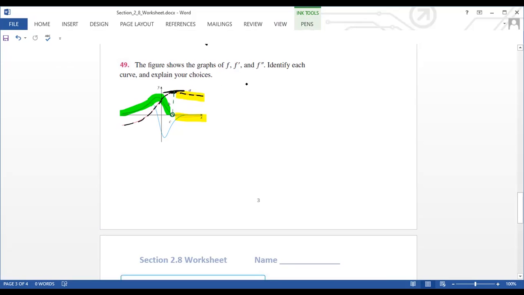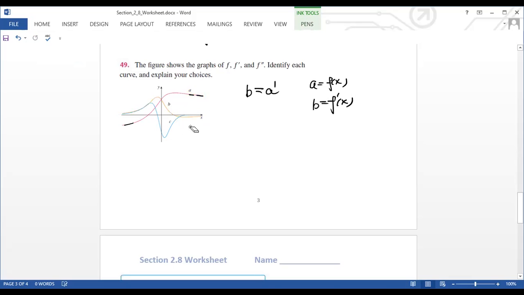So I'm sure B is equal to the derivative of A, right? So let's say if A is f of x, then B is f prime of x. Then let's take a look at whether f double prime will match or not.